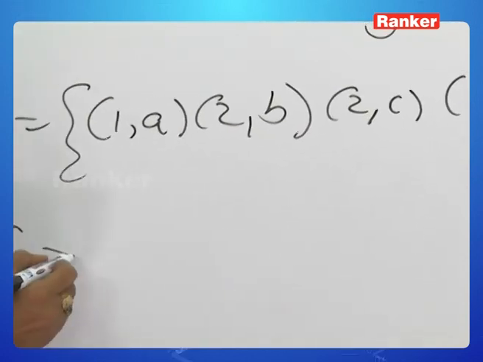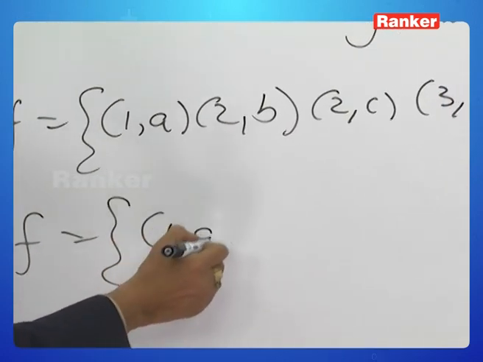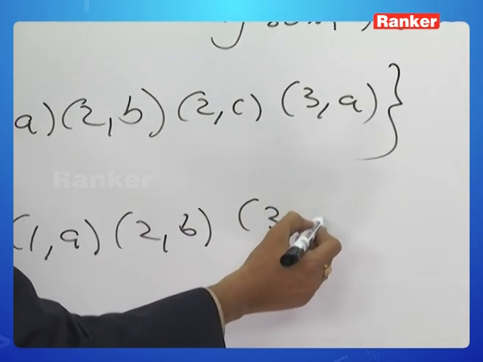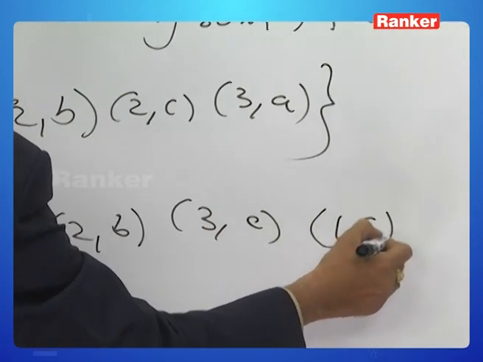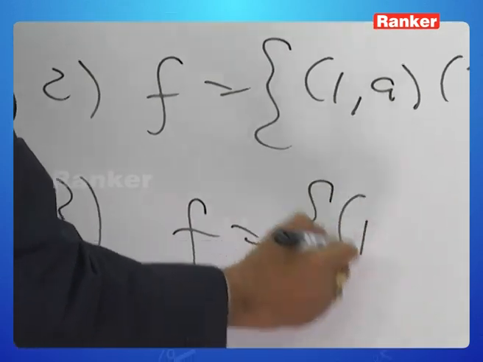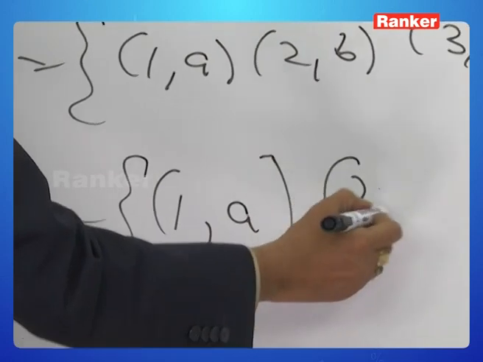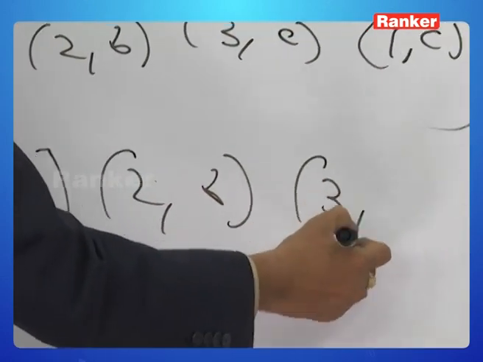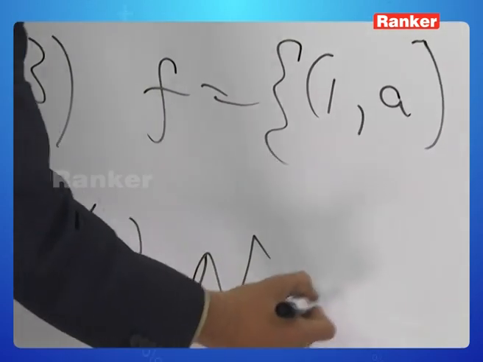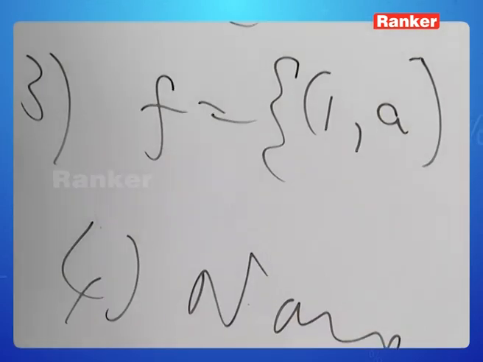Second one, f is equal to {(1,a), (2,b), (3,c), (1,c)}. Third one, f is equal to {(1,a), (2,b), (3,b)}. Fourth, none. You can easily trace the answer.